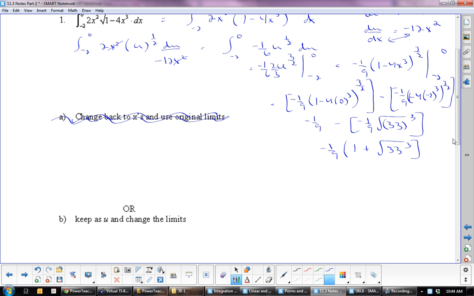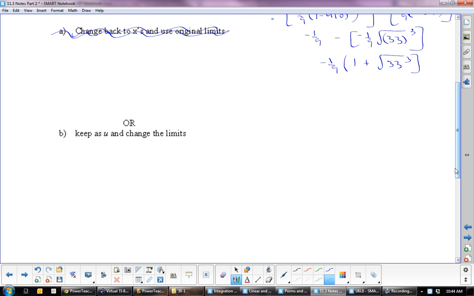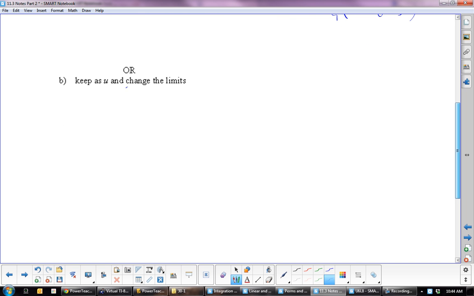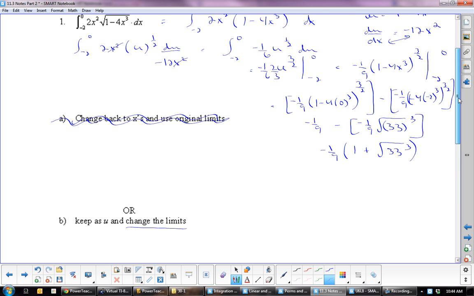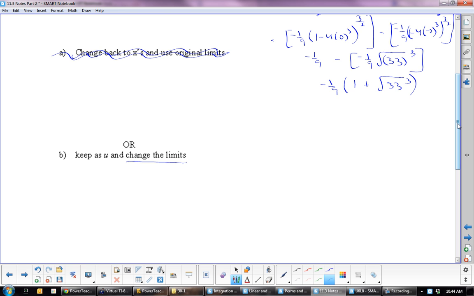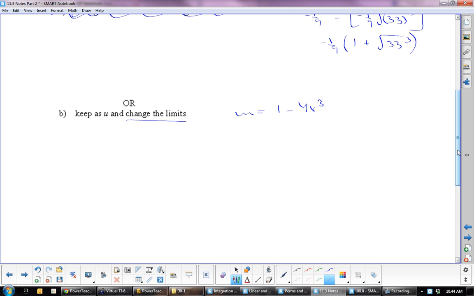Now, there is another thing I'm going to show you. If you just know how to do it, we did there, then you're good. But there's another way to do this, and it's by changing the limits at the u equals stage. So where we had u equals 1 minus 4x cubed, you can actually put in your upper and lower.